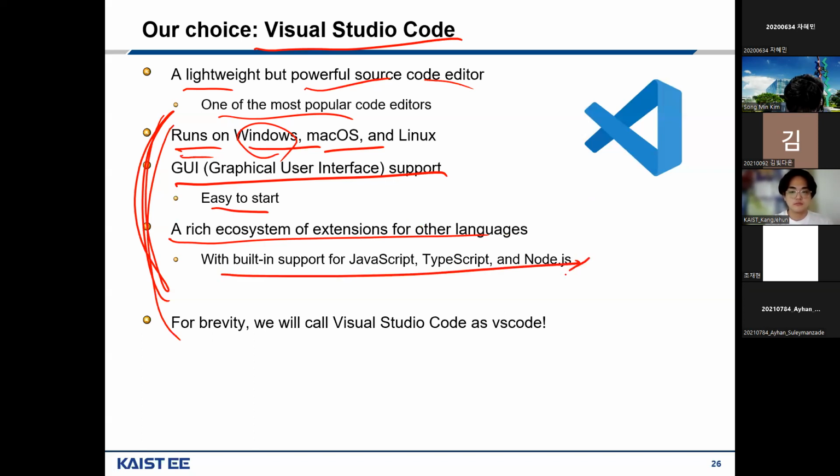It has built-in support for JavaScript and so on and so forth, but you don't have to know this at this point. Just know that there are a lot of plugins to make VS Code even better, right? There are a lot of plugin software to help you out, and we'll call Visual Studio Code VS Code. A lot of people call it VS Code.